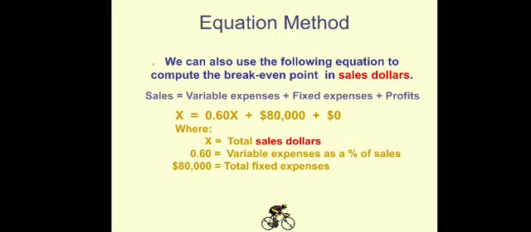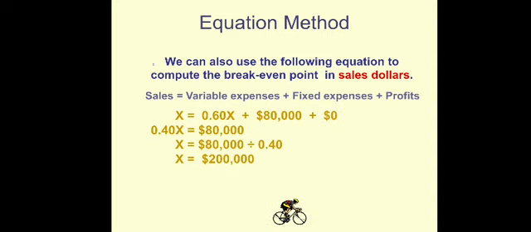So 400 bicycles times $500 equals $200,000. Based on the calculation using this equation, if the company can make sales of $200,000, it can achieve the break-even point. This is the equation method.